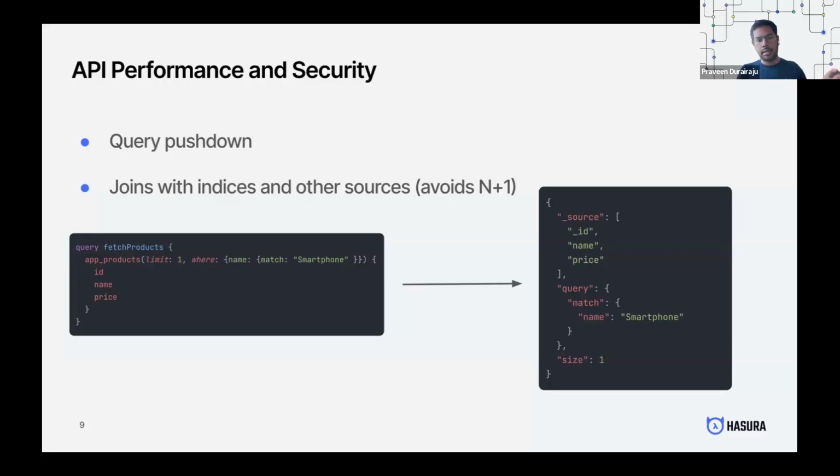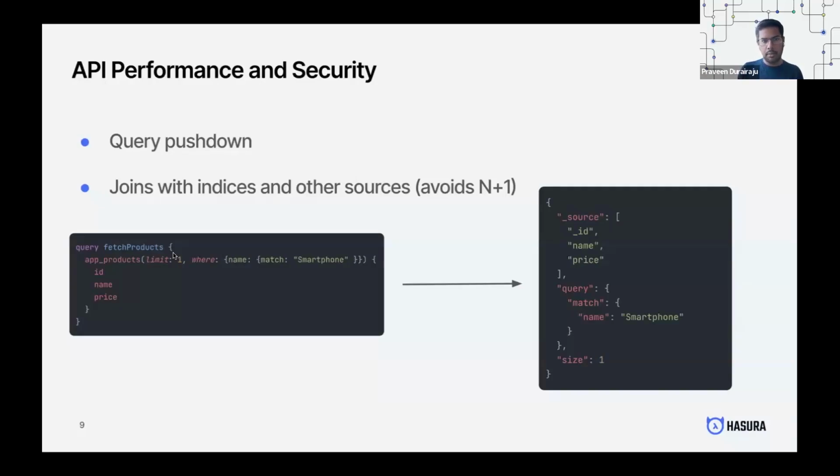The fact that this GraphQL query gets pushed down into Elasticsearch as a single query is the concept of query pushdown, where you're compiling this GraphQL into the database equivalent query, in this case a JSON query that you would have sent to Elasticsearch yourself if you had written your own GraphQL server or your own REST API server. So whatever the dynamism of the query is, it will translate to the equivalent Elasticsearch query that you see on the right.